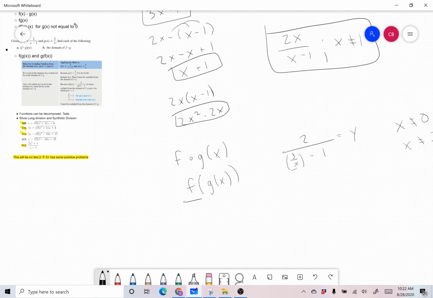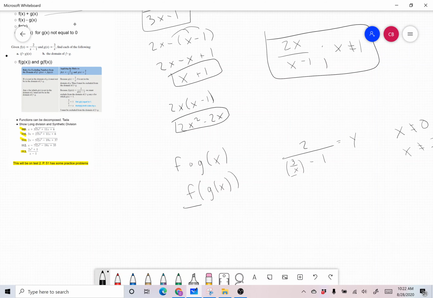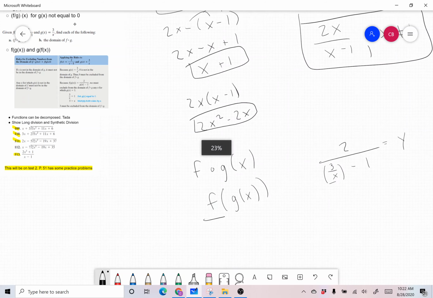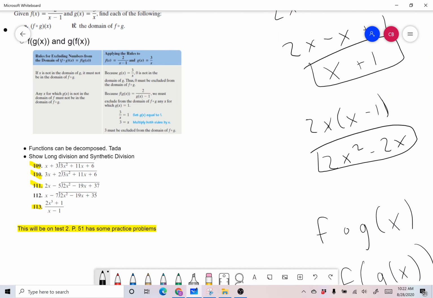And so I think those are your only excluded values, actually. If you look at the notes right below this, if x is not in the domain of g, it must not be in the domain of f of g. So if we plug 3 over x into that, it means x is not equal to 0.